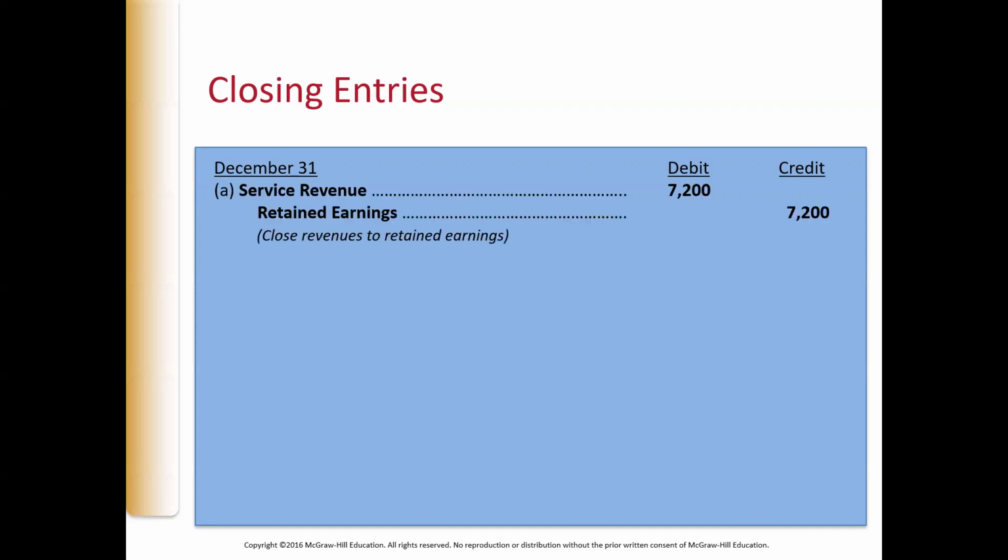How do we do that? Well, we know revenues have a normal credit balance. But to zero it out, we debit our revenues and we put them into retained earnings. We credit retained earnings. It increases our retained earnings.